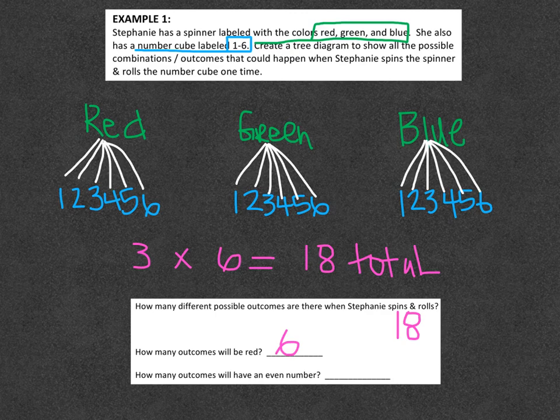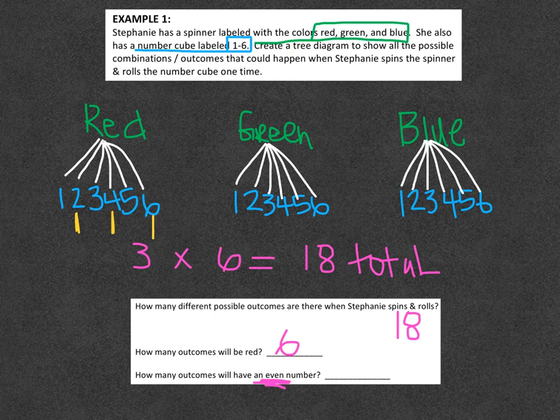Then the next one wants to know how many outcomes will have an even number. Even numbers are 2, 4, 6, and 8. Let's make sure everybody knows that. Okay. 2, 4, 6.